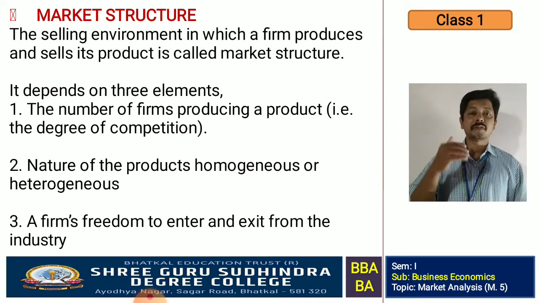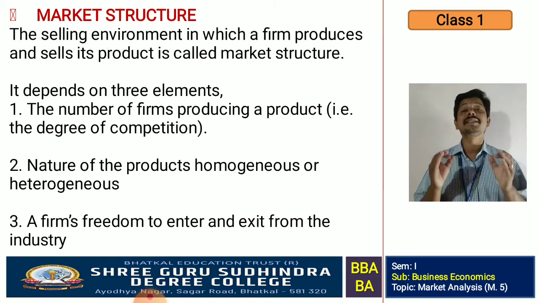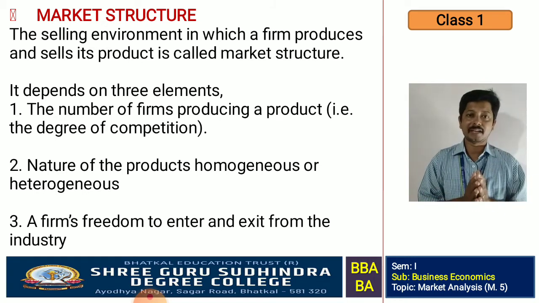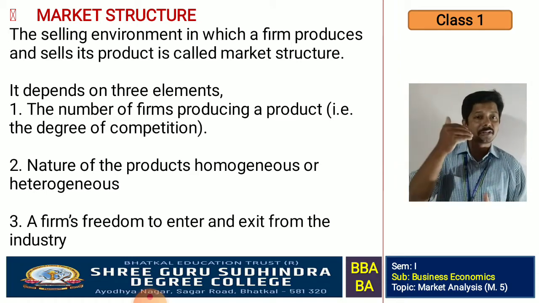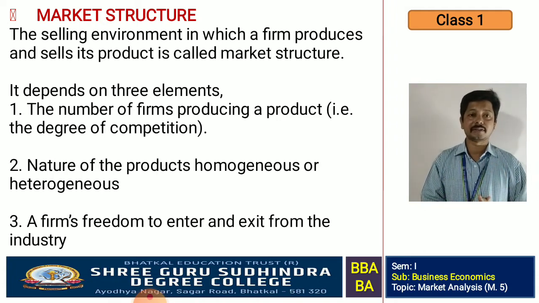So first, it depends on three very important elements. One is the number of firms producing a product, that means degree of competition. If more producers are producing a product, the competition will be very high.